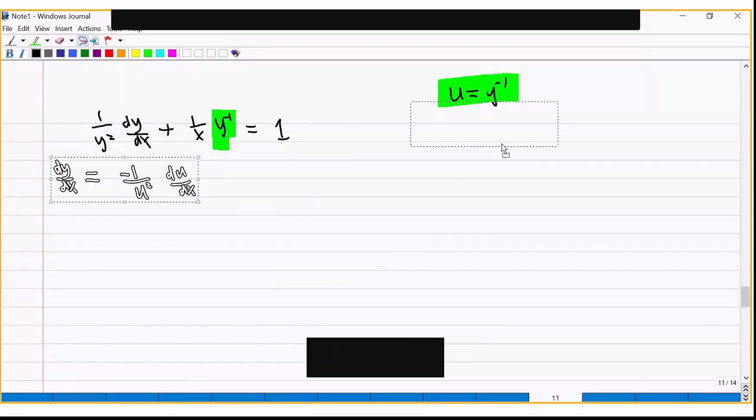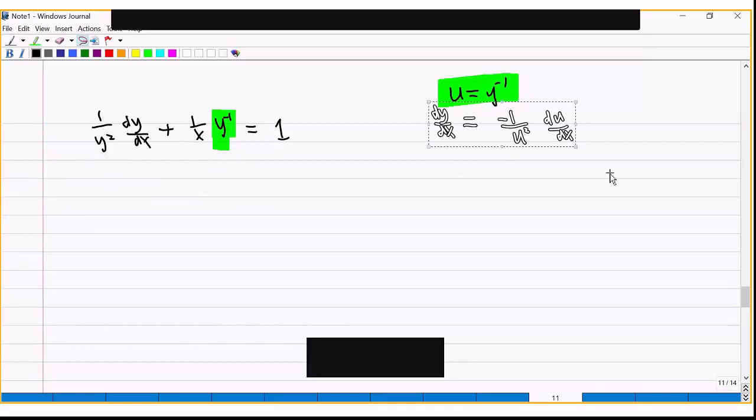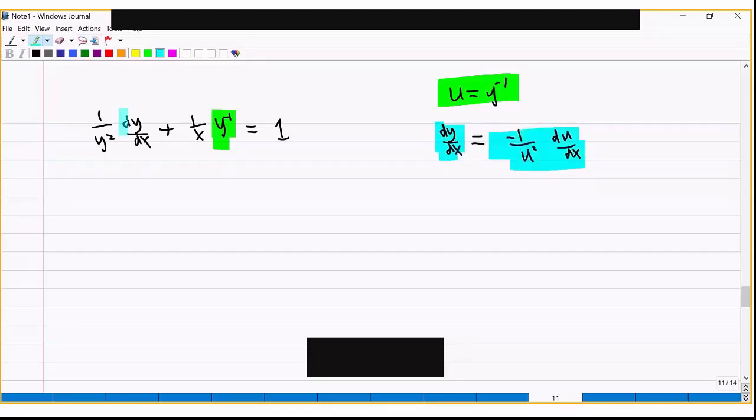Eventually you don't want any y. Let me change the color here, this blue one. So dy/dx is changed now.